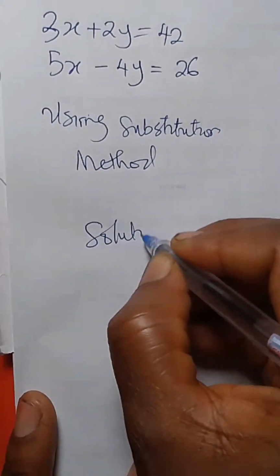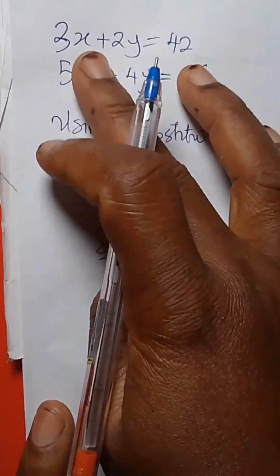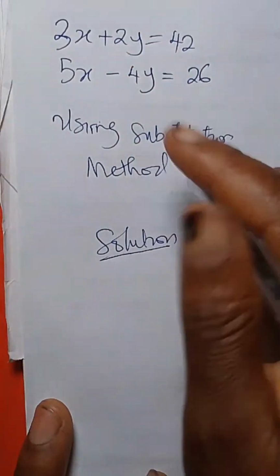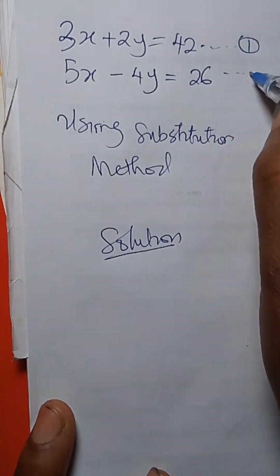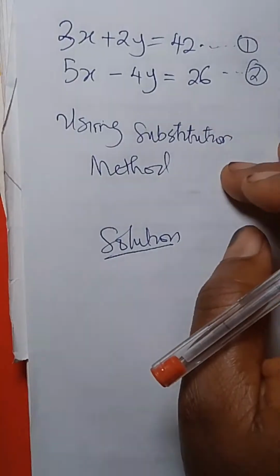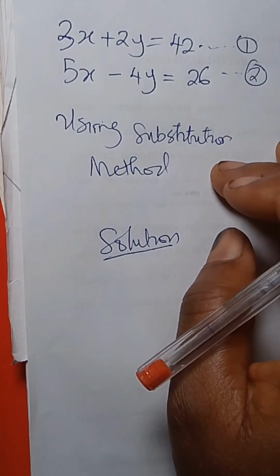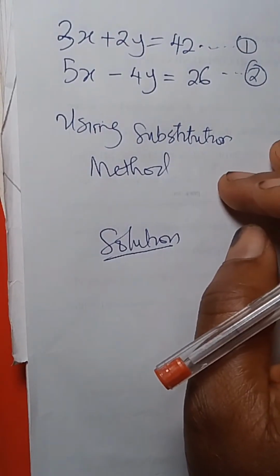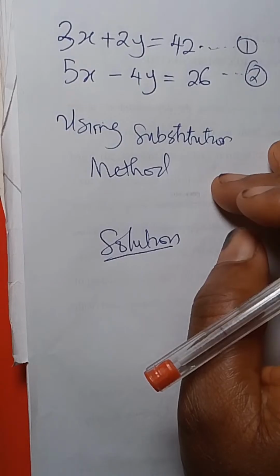So to do that, we are going to pick one of these variables and make it the subject of the formula. Remember, when you solve, you have to name your equations 1 and 2. You can choose to use Roman numerals, or you can choose to use alphabets. It doesn't matter. The only thing is to name the equations so that you know which equation is which.